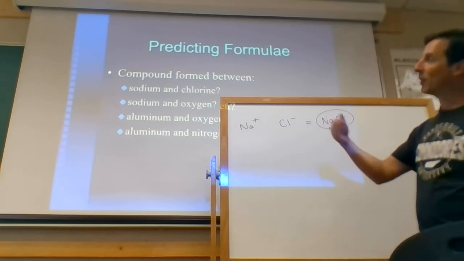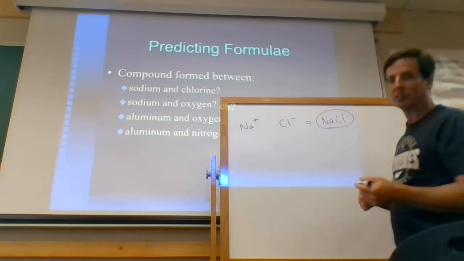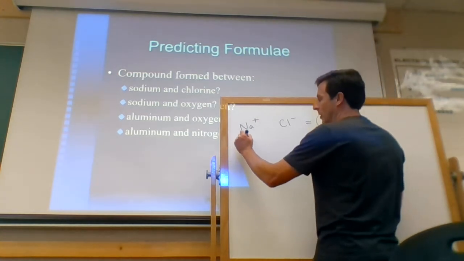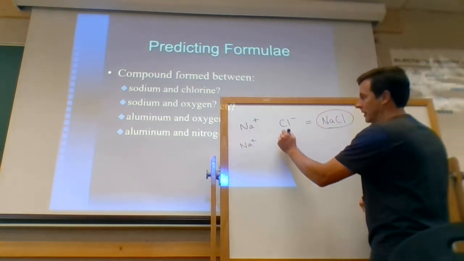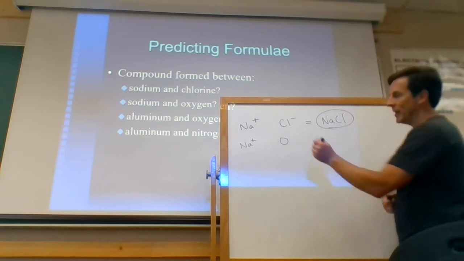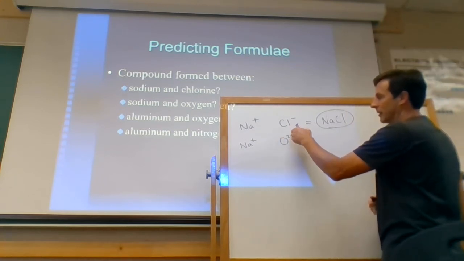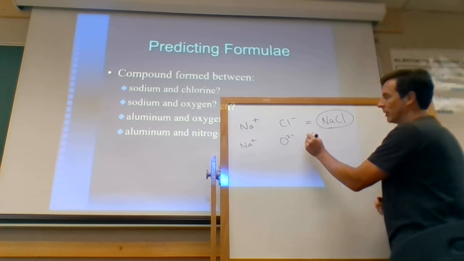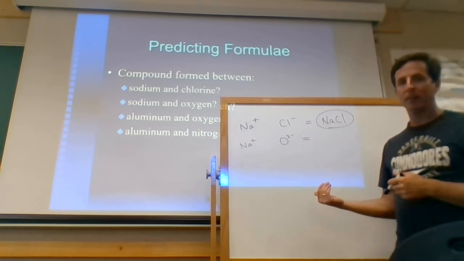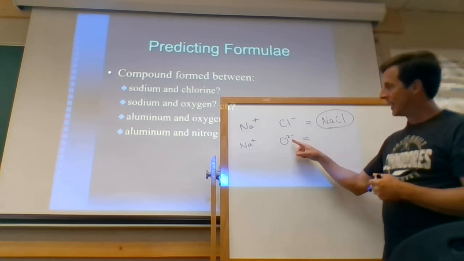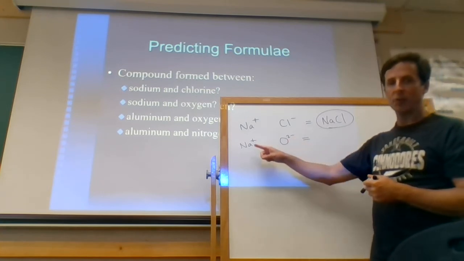Okay, so then it's like, well, what about sodium and oxygen? The next one. So again, sodium is always going to be +1. Oxygen is in group 6. It's going to be 2- or -2. So now, what ratio would I have to put them together? Well, basically, oxygen has twice as much charge as sodium does.